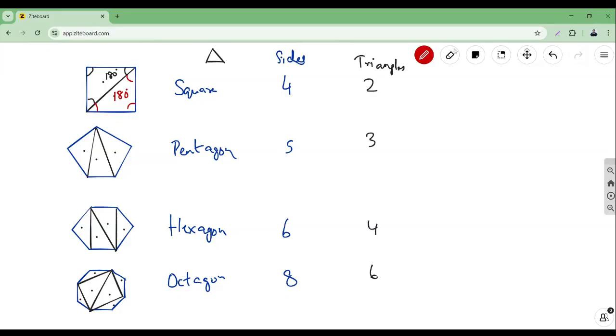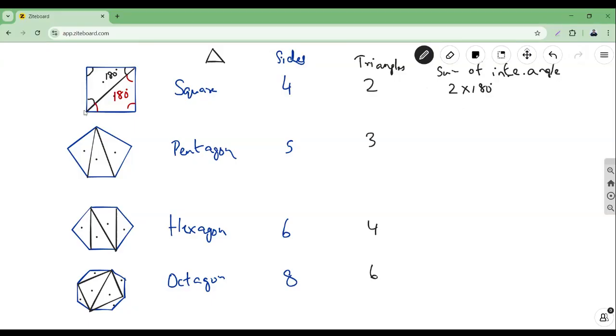So if I have to write the sum of interior angles, what I can do is this: I have two triangles, so the number of triangles into 180 is going to give me that.